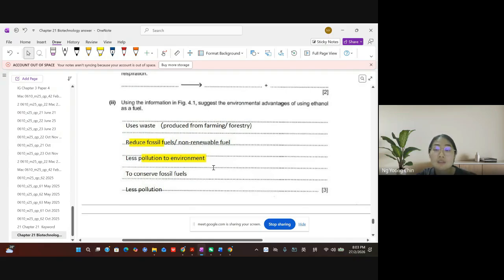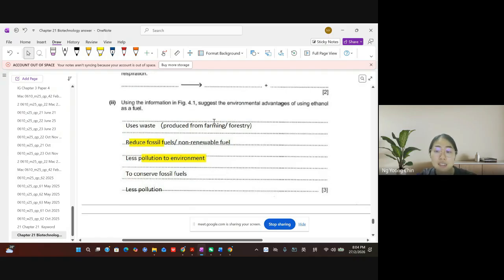Even though nowadays they have created the electric car, they still feel that the car is driven by petrol oil. Because petrol oil is also an example of biomass. Petrol oil might also be extracted from the plant, right?